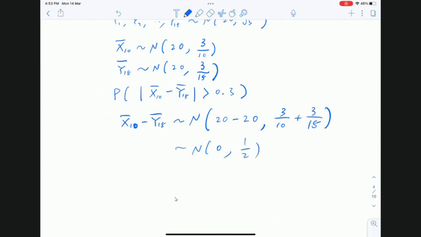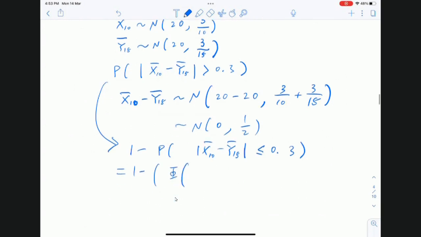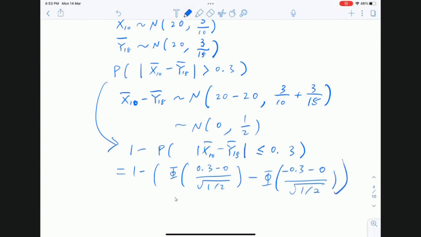So finally, you can evaluate this probability, which is equal to 1 minus the probability that this absolute distance is no greater than 0.3, and it can be computed by using this formula.